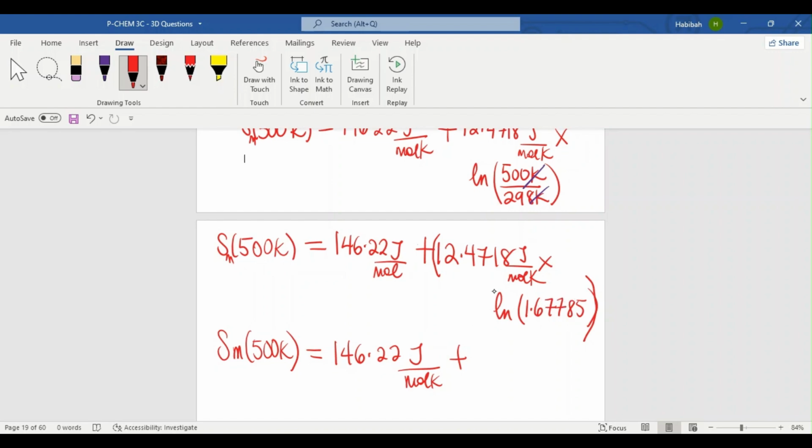When you input the second part, after the plus sign, in the calculator, you get 6.4543 joule per mole Kelvin.